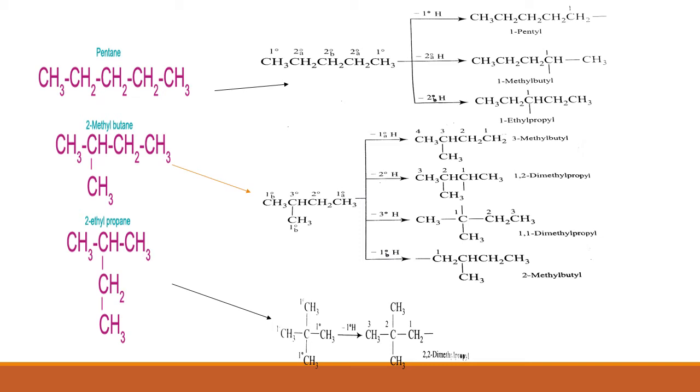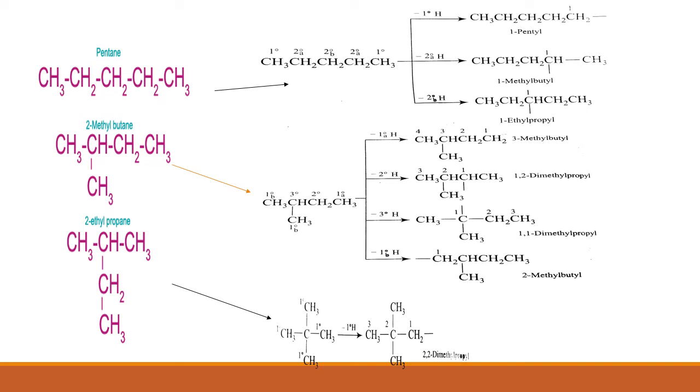Next is 2-methyl butane. It is also known as isopentane. So from isopentane, how can the alkyl group be produced?